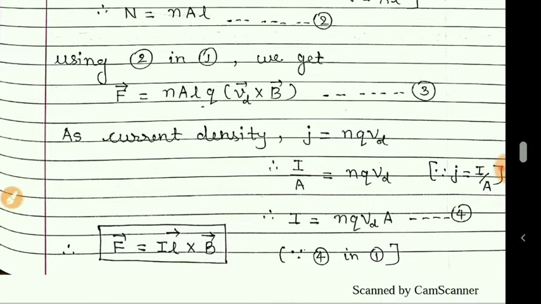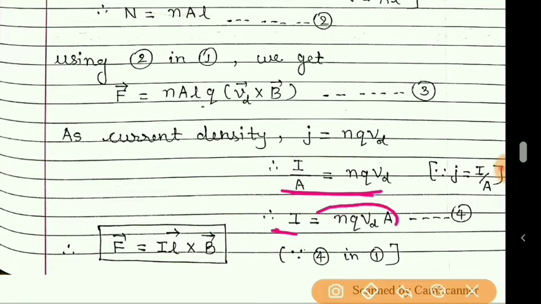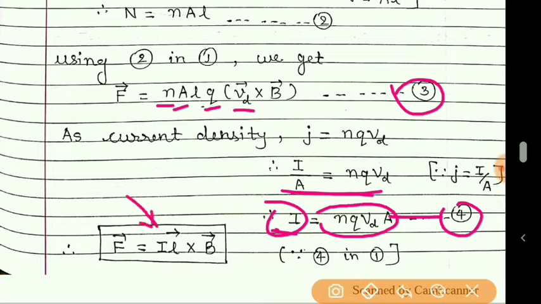Now making I the subject, we get I is equal to nQVd into A. Using this equation number 4 in equation number 3, in place of n, Q, Vd and A we can put I. So that will become I, remaining is L, and cross B.